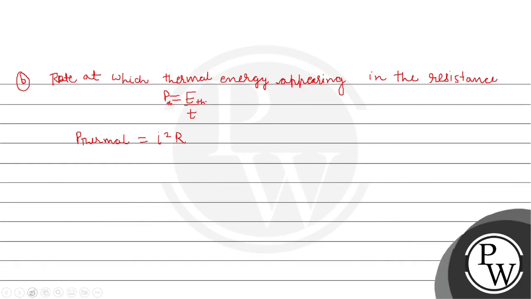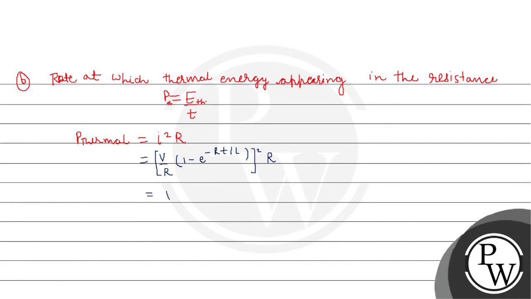So directly we'll substitute the value of this. So I की वैल्यू है v by r 1 minus e to the power minus r t by l. This is the value of I, and we have I square, so this is whole square multiplied by r.